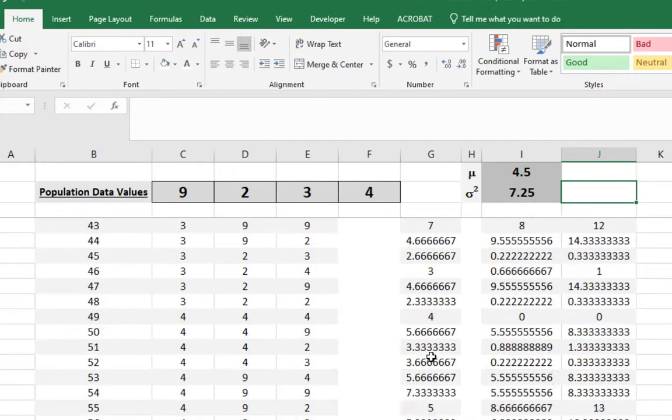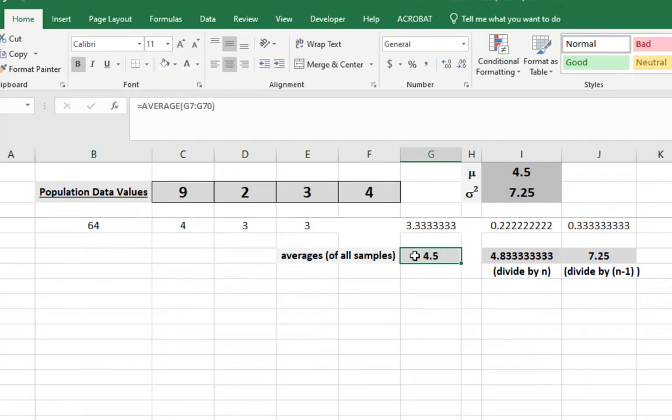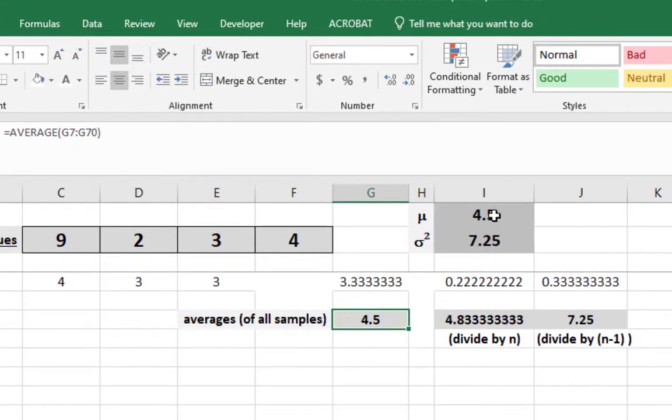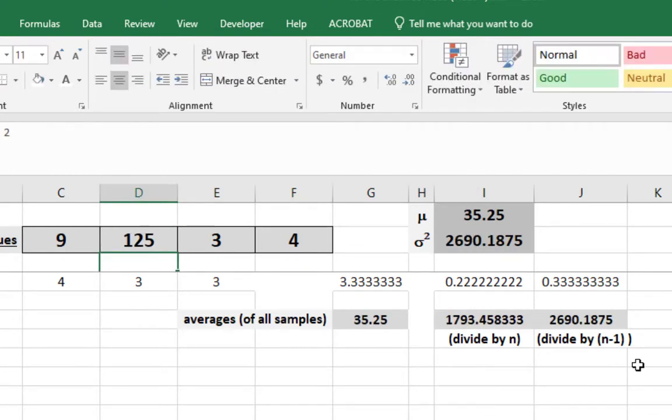Let's take a look. Once again, the sample average is targeting the population average. That's what we want. It's one of the reasons we actually study averages in statistics, because this is true. Once again, the sample variance, dividing by n minus 1, targets the population variance. And the news is, it really doesn't matter what values you put in.